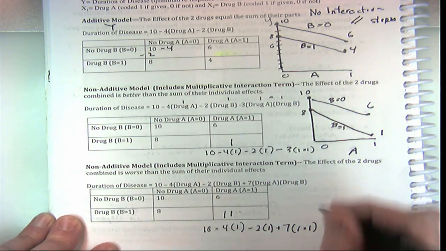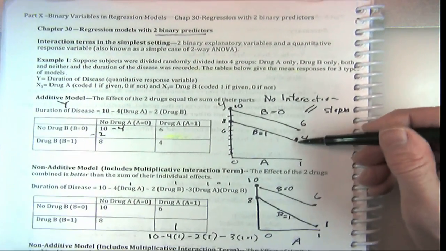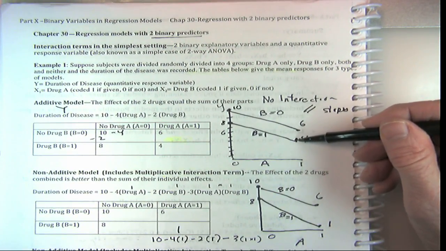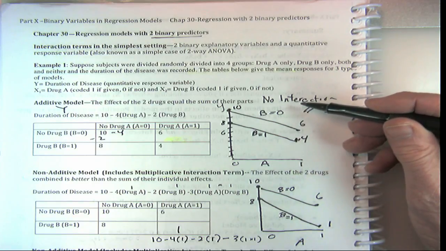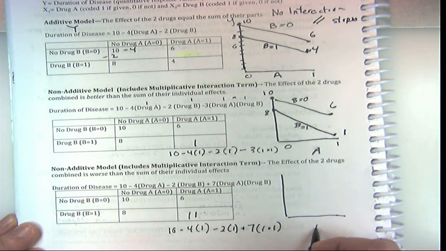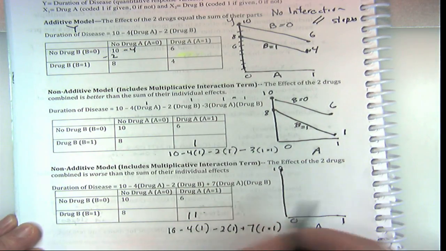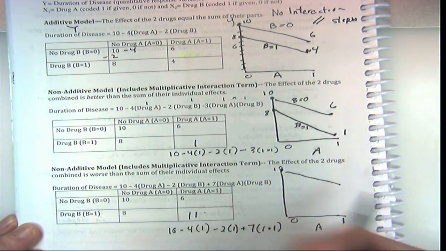Okay? So we'll draw the picture. And this is going to jump up, we'll have non-parallel slopes, and when both of them are together, your disease is going to last longer. We'll go way up there so we can draw the picture again. So this is all the way up to 10, and it's going to go down to 6. See?